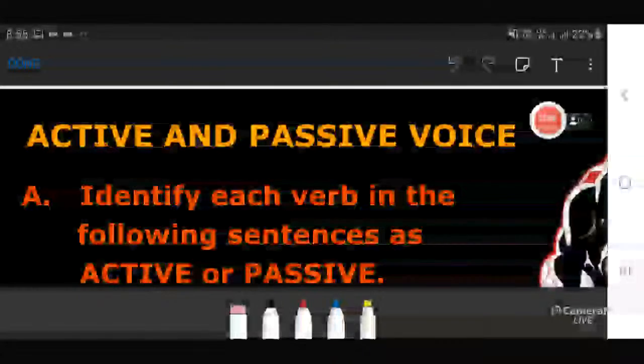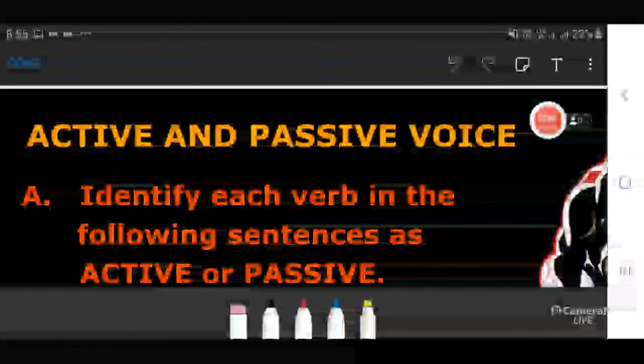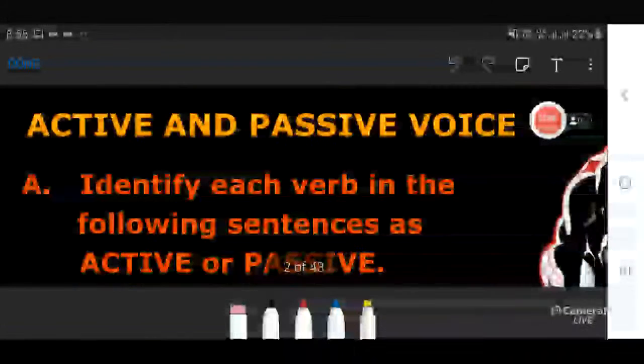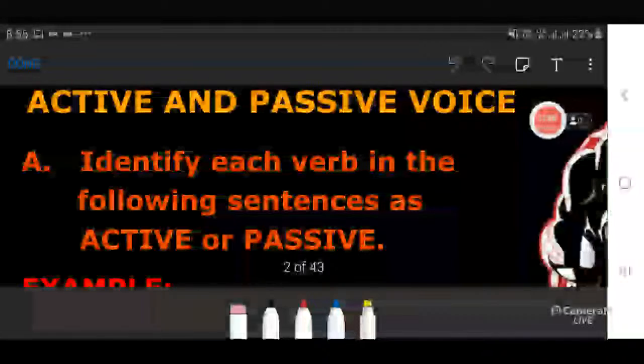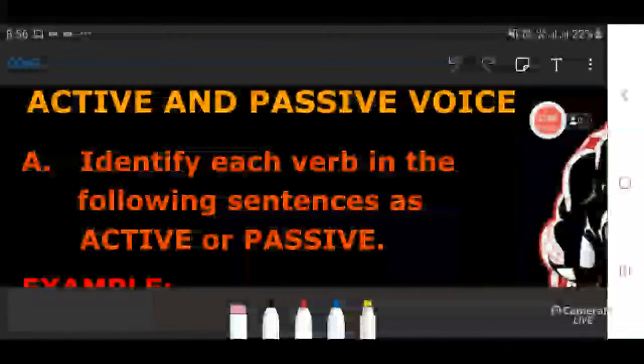Okay. After that, nothing is there. On the screen, read very carefully. Perfect. Active and passive voice.